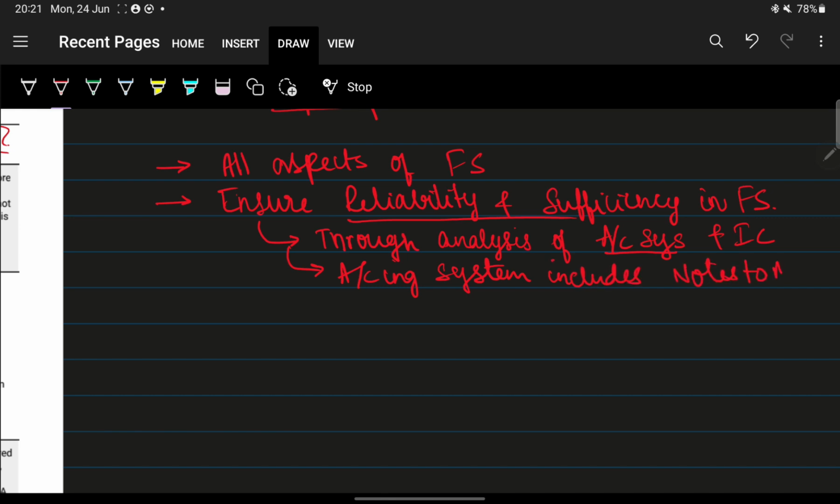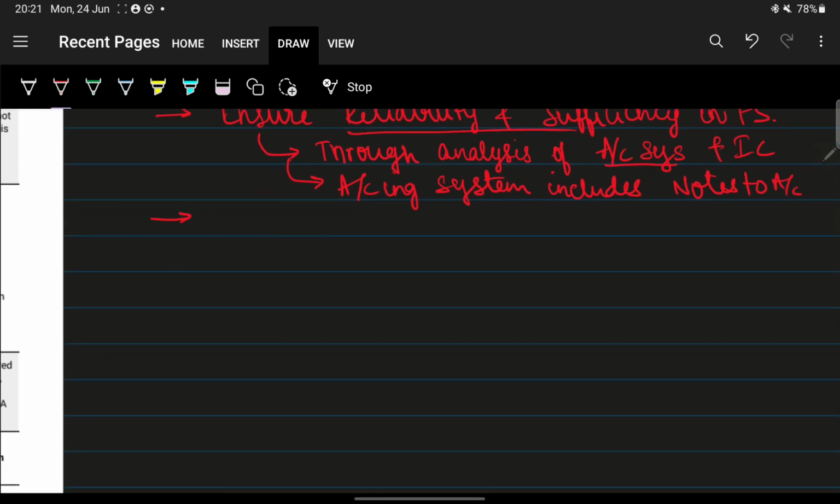Okay, and lastly the third point is relating to the presentation and disclosure. Okay, the scope of audit includes checking the presentation and disclosure. Firstly, the auditor must ensure adequate disclosures, and he must ensure that there is compliance with the statutory requirements.